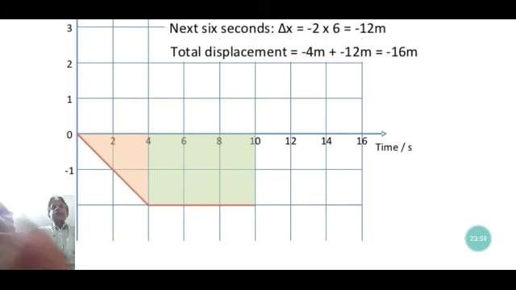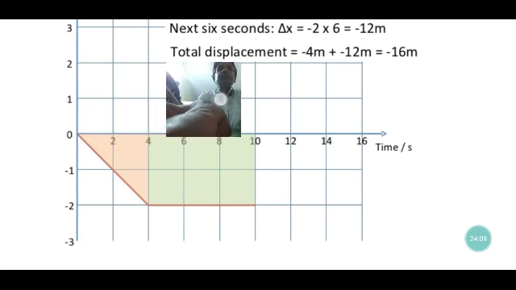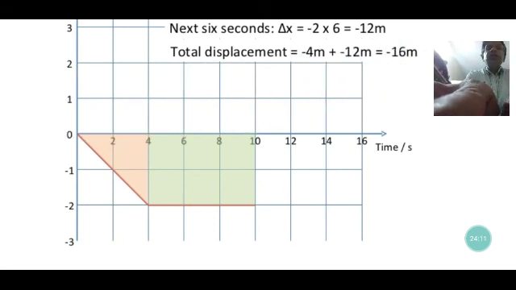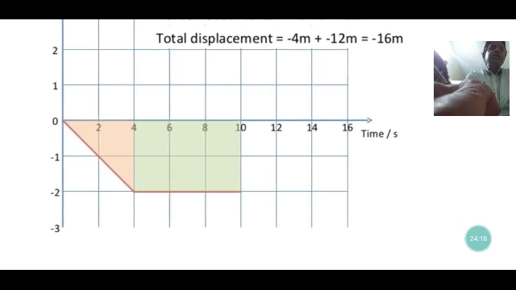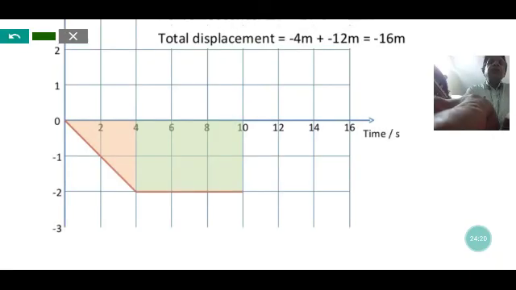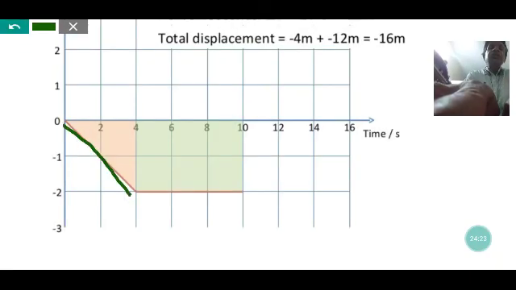The velocity decreases from 0 to minus 2. Then the object returns on its original path in the opposite direction, so the displacement is negative.